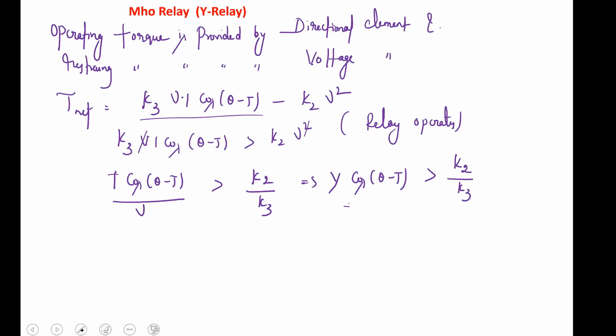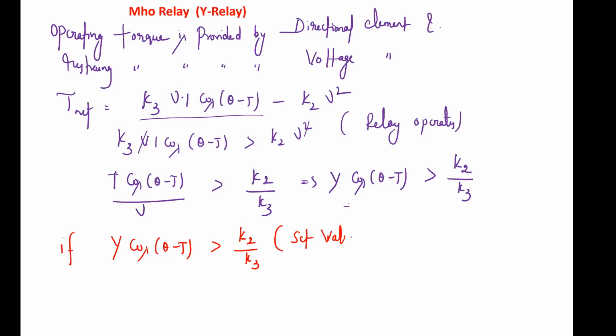That is the condition. If the admittance seen by the relay times cos(theta minus tau) is greater than a constant value, that is K2 by K3, or you can write it as a set admittance, set value, the relay operates.